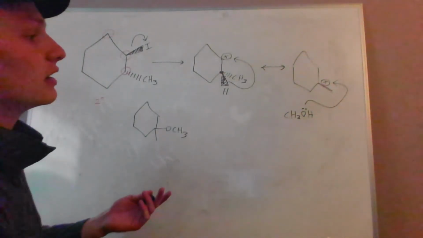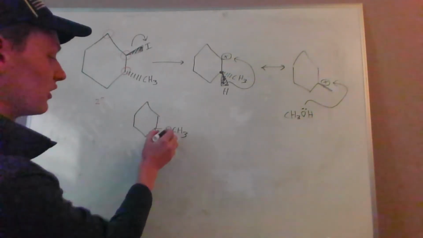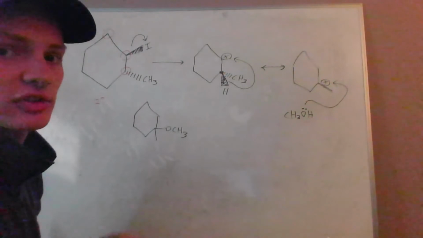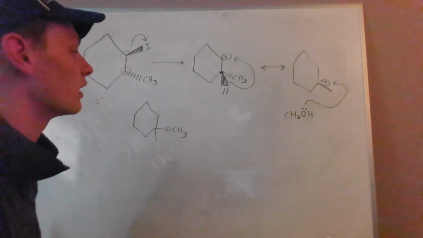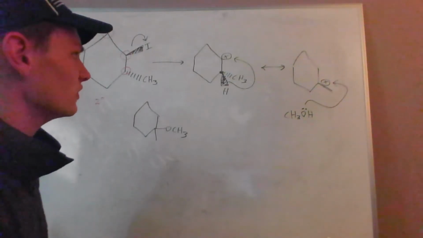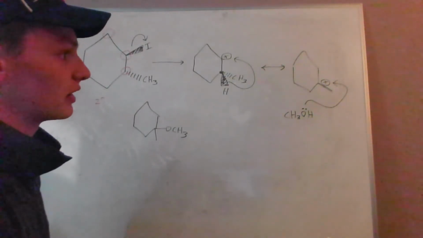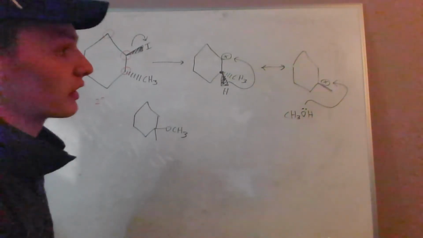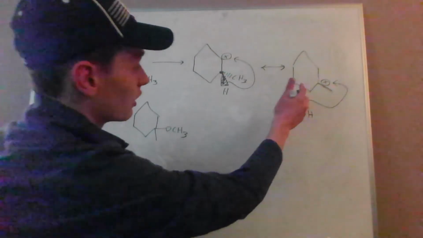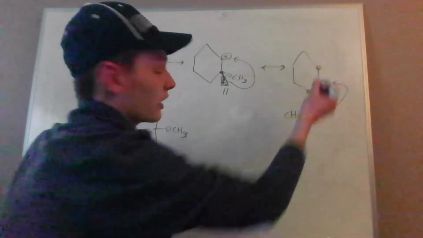Now, we could also indicate these as wedges and dashes, but we really don't need to because they're bonded to the same carbon, and we know obviously they can't both be up or both be down. So I'm not going to worry about that too much. Okay? And then what else could happen here? Well, as I said before, looking specifically at our tertiary carbocation, the protons here and here are equivalent.